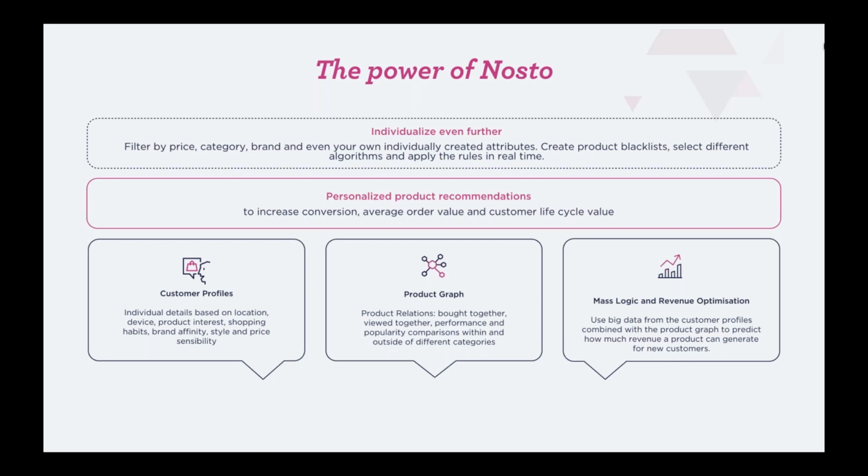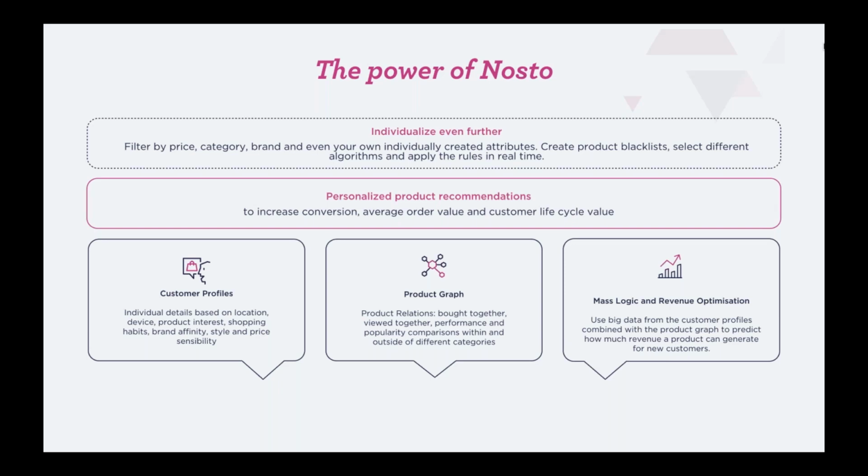Because we're talking today about personalized recommendations and how we use them on site, I can just tell you a quick overview of the on-site recommendations product. You can use filters by different attributes, either created by you individually, or pre-made filters like price, category, brand, and so on.